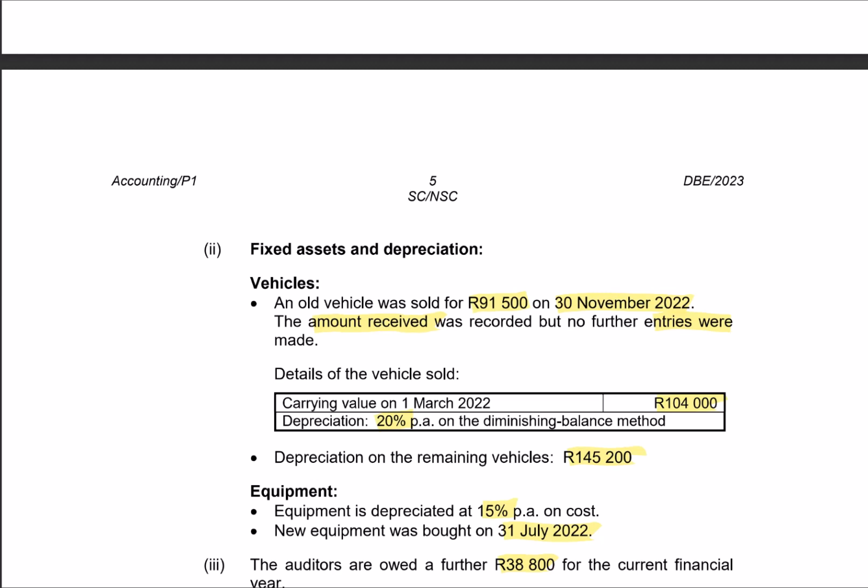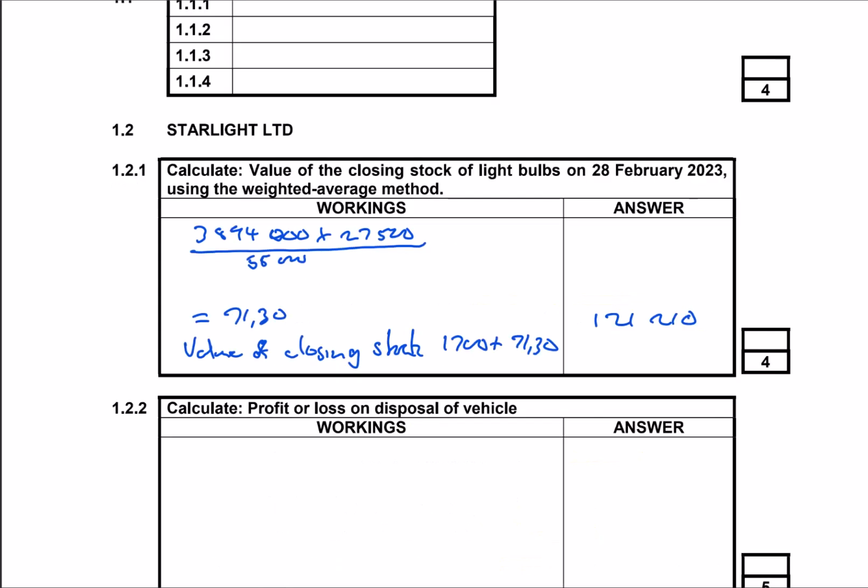So when you're calculating profit or loss on disposal, the vehicle was sold for 91,500. Opening carrying value at the beginning of the year was 104,000. Depreciation 20%, diminishing balance method, that's reducing balance method.